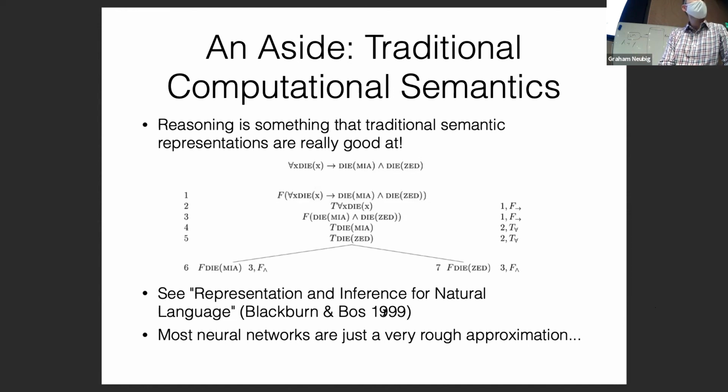It's from 1999, which is obviously a while ago, but there's still a lot of insightful things in here, like how you can reason over discourses, how you can talk about all things, existing things, combine pieces of evidence together to derive other conclusions. I like this a lot, and most neural networks are very bad at doing this. They would fail on many of the examples from this book.